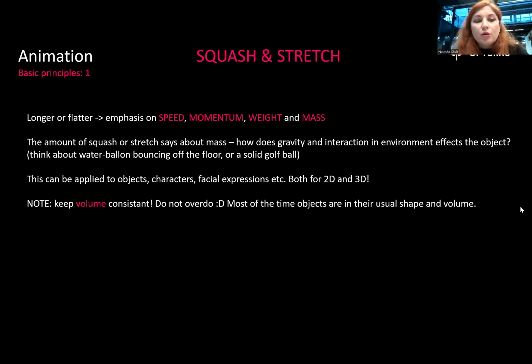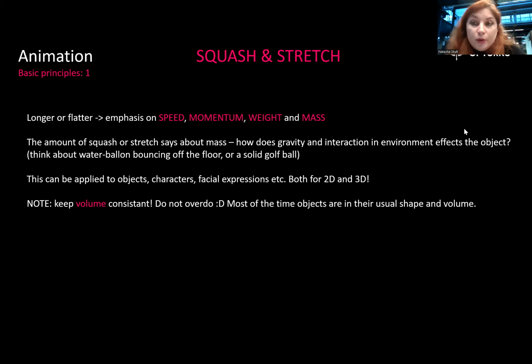So think about a water balloon bouncing on the floor, or a football, or a solid golf ball, for example, this sort of dense ball. And again, all of this is applied to everything from a full object to facial expressions. It can be both in 2D and 3D in the sense of how we manipulate stuff.